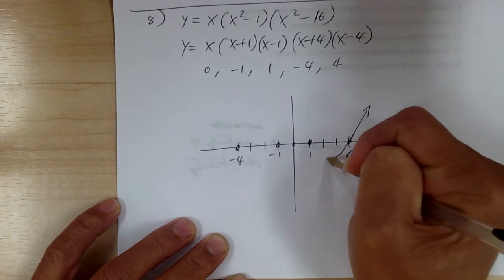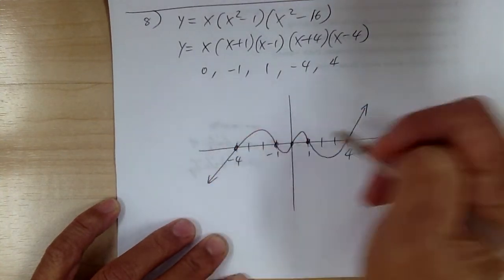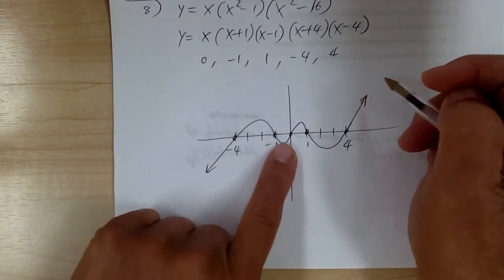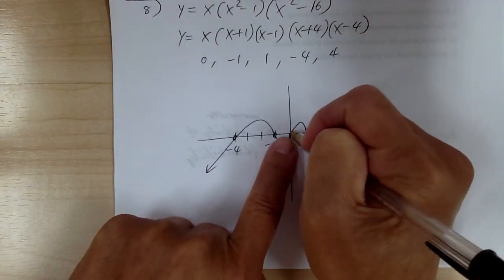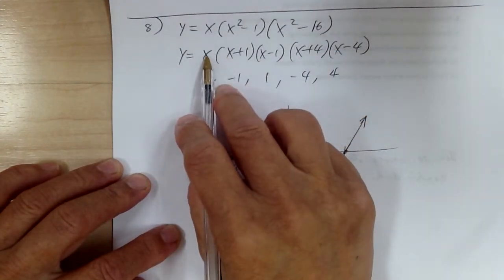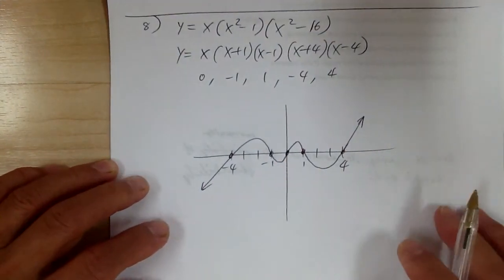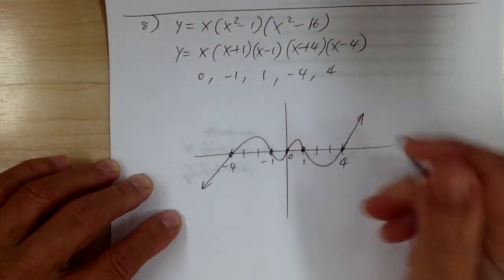And so this is going to go through all these points. And from here you can see that the y-intercept is going to be 0, because if you set x equal to 0, then y equals 0, so it fits. Okay, and so that's it. So there's going to be a 0 right over here.